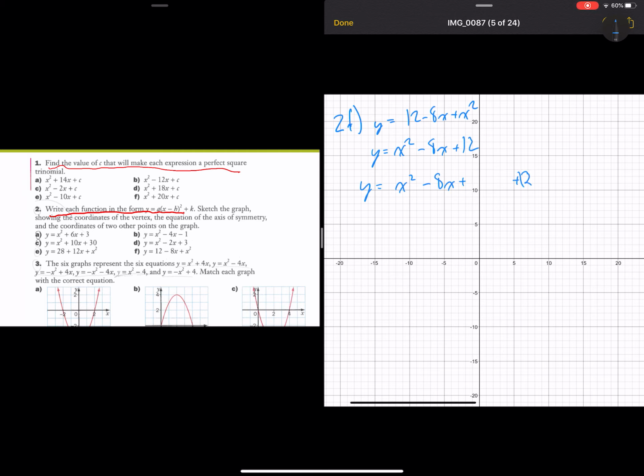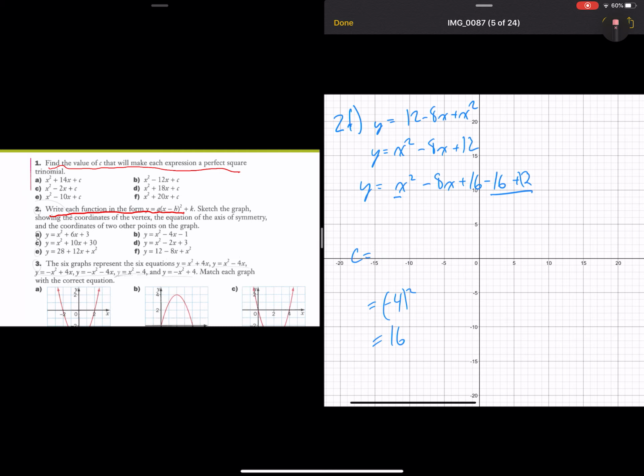What do you want to do? You want to add and subtract something. What do we want to add? c is equal to minus 8 over 2, squared, which is equal to minus 4 squared, which is equal to 16, plus 16 minus 16. This ends up being minus 4. Anyway, let's do this one first.